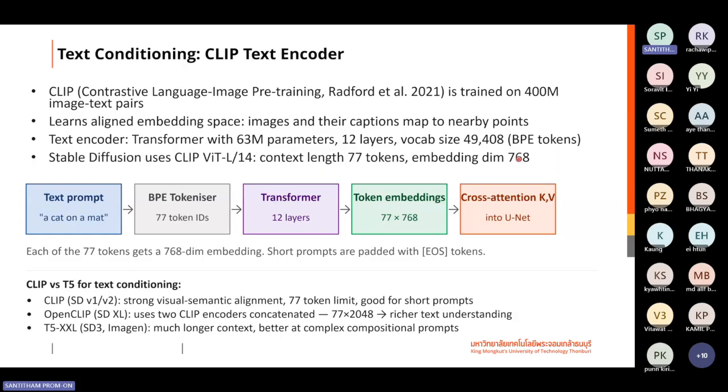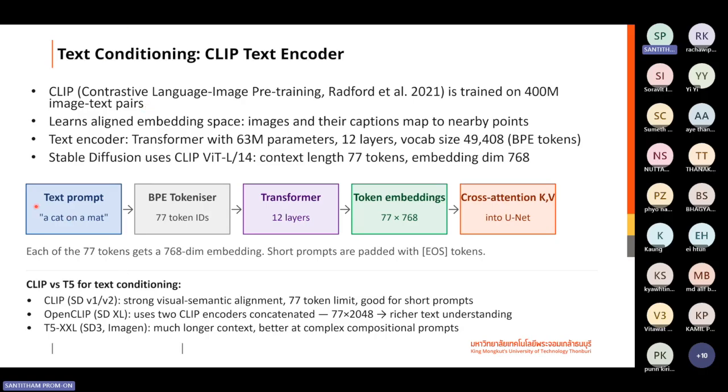For the text conditioning, suppose that we use text. It's called CLIP, the contrastive language image pre-training here. CLIP is trained on 400 M image text pairs. So it is trained based on the pair between image and the text.